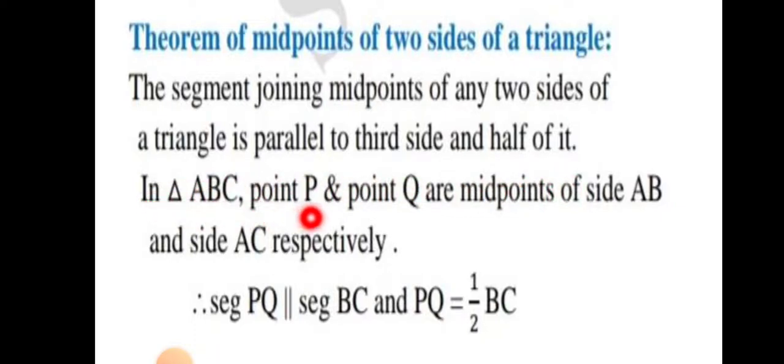In triangle ABC, point P and Q are midpoints of side AB and side AC respectively. Therefore, segment PQ parallel segment BC and PQ is half of BC. Means PQ equal to 1 by 2 into BC. This is the theorem of midpoints of two sides of a triangle.